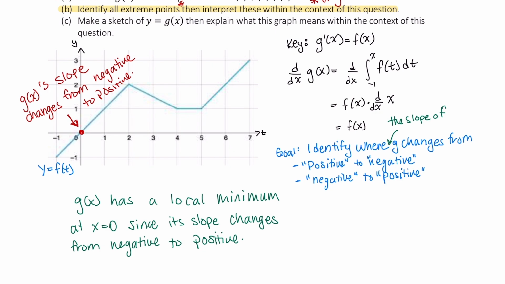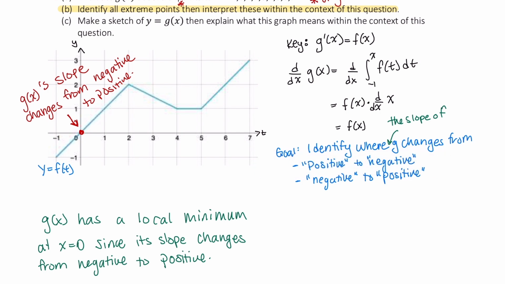Now, within the context of this problem, what does this mean? Within the context of this problem, this means that this tank was actually losing water, which we've already talked about.